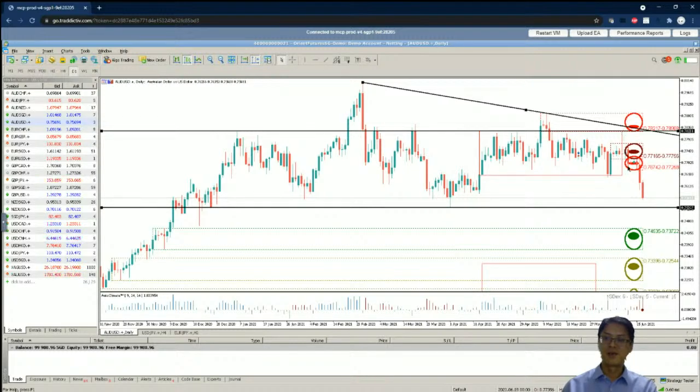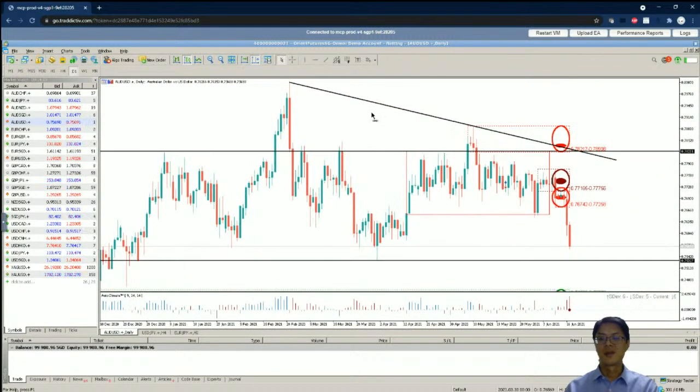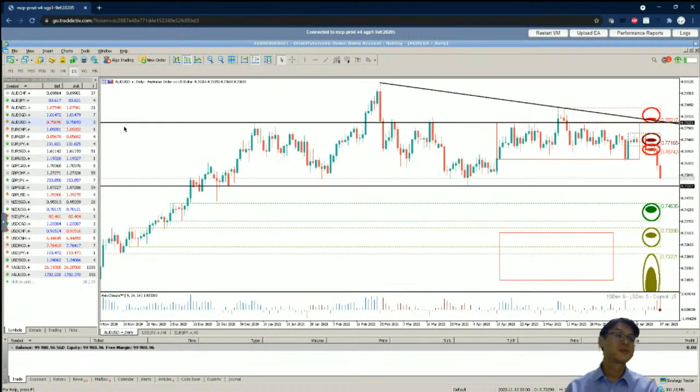We have a move down, but it never really cleared this level down here. So until we have a good break of this area, we're really not going to see any changes, I think, to the Aussie, at least versus the US dollar.